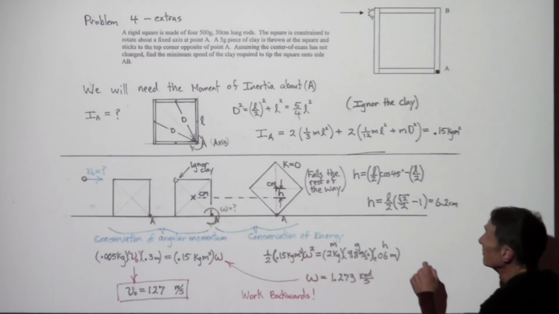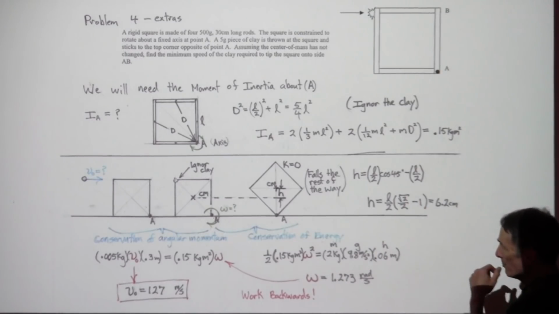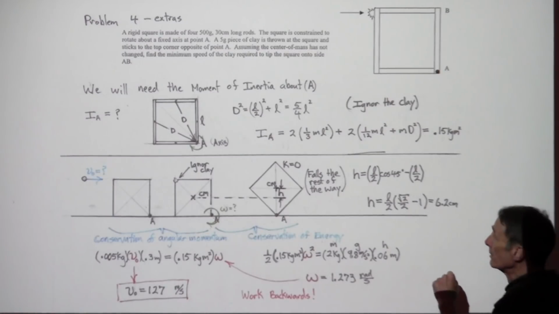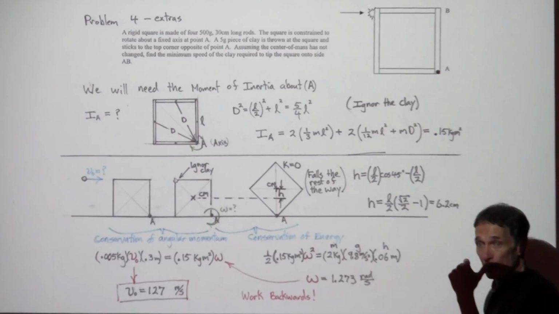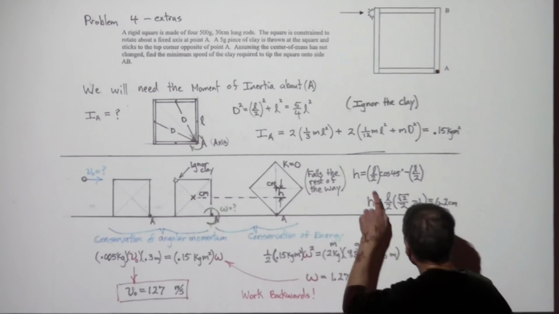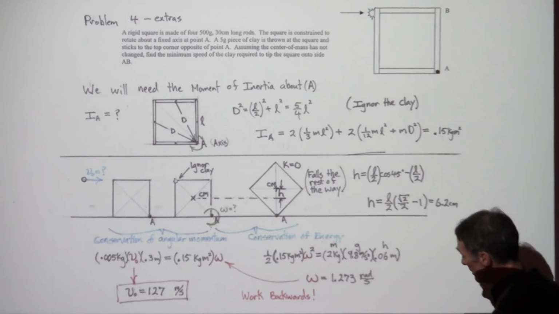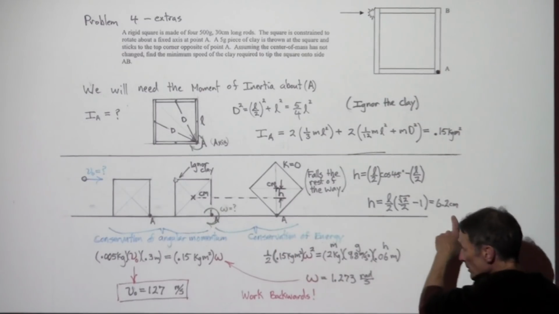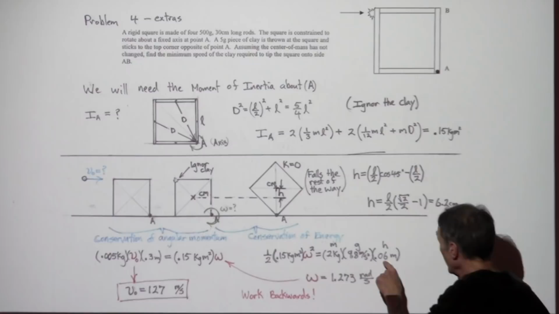So I screwed up. Don't let that happen to you. Going all the way to the top would be 2 times L cosine of 45. Right. I'm sorry for the confusion. It happens to us all, and I haven't seen this. So be suspicious of this number. I'm sure it's not right.